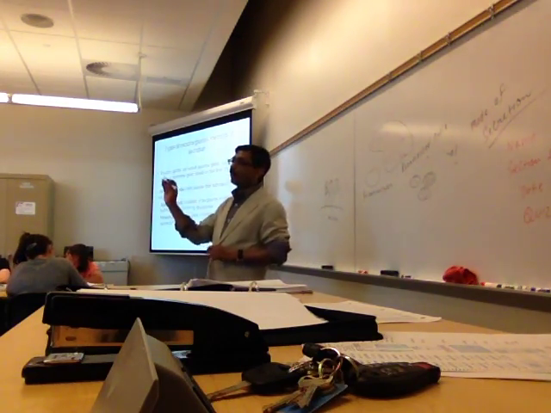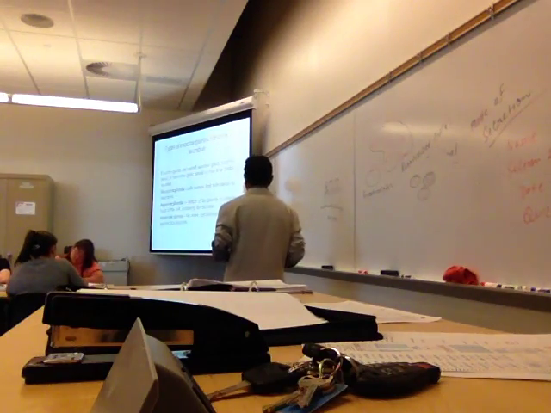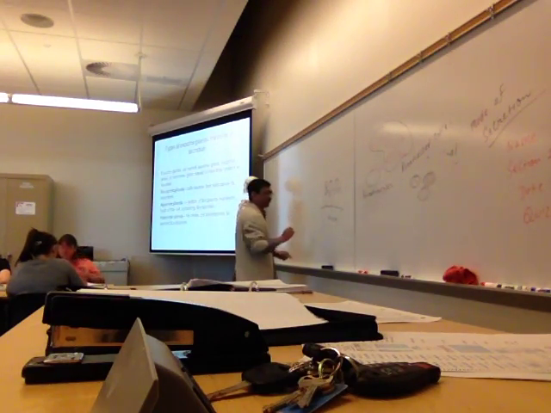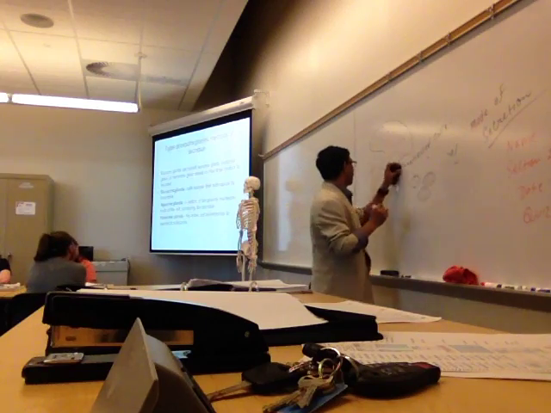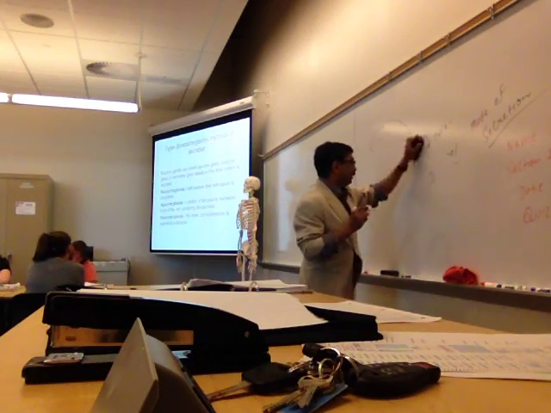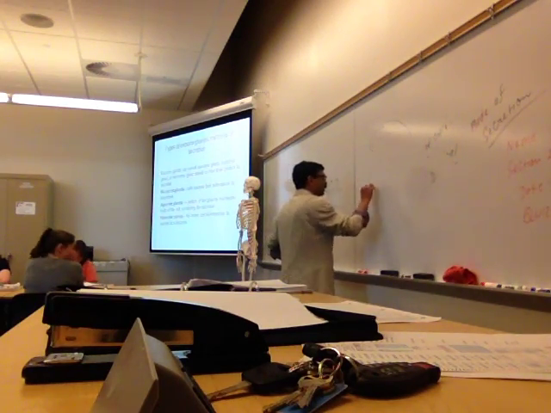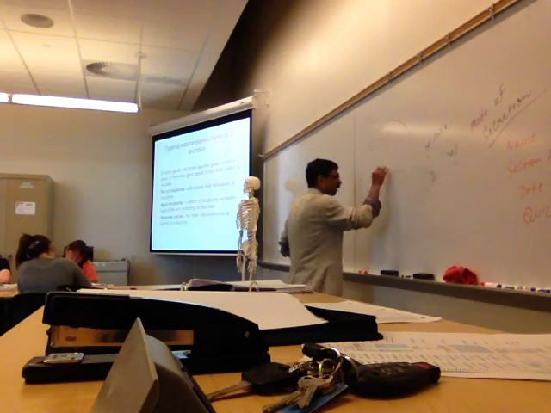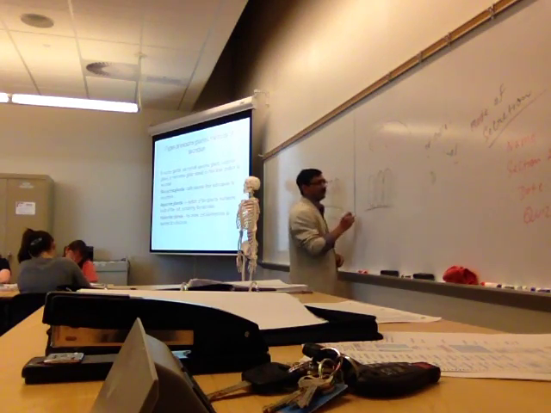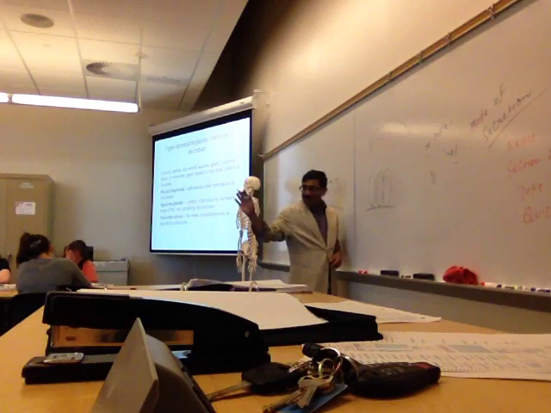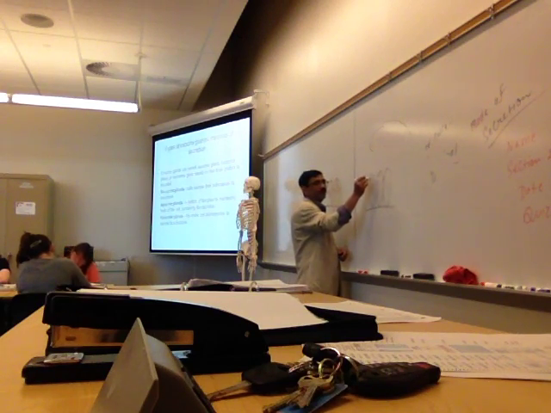Then in apocrine glands, what happens? It's a different type of secretion. In apocrine, these are the cells again. In apocrine glands, what happens? No vesicles are formed. The chemicals will go to the upper end like this.